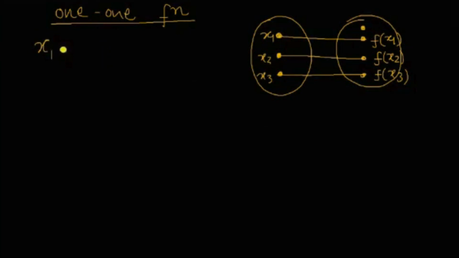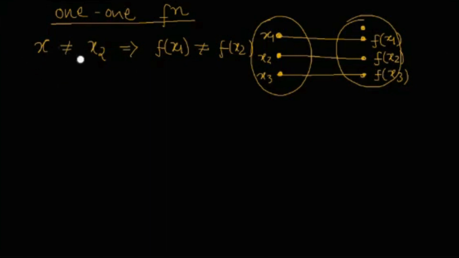So there is this uniqueness: if two elements are unique, then because each gets mapped to one and only one element, the images of those two unique elements are also unique. Another way of saying it is, if x1 is not equal to x2, then f of x1 is not equal to f of x2. So this is one way of saying that it's one-one, but you just have to generalize it.